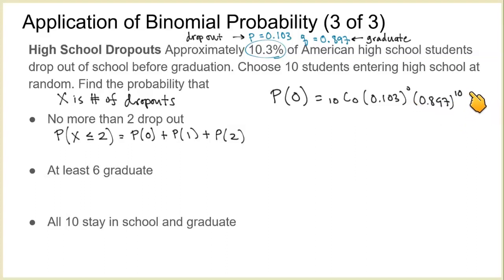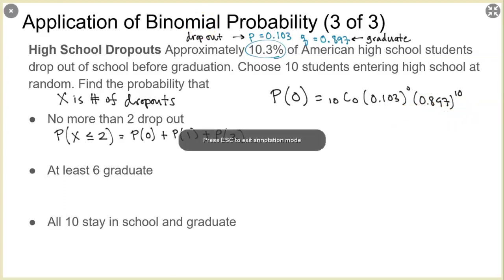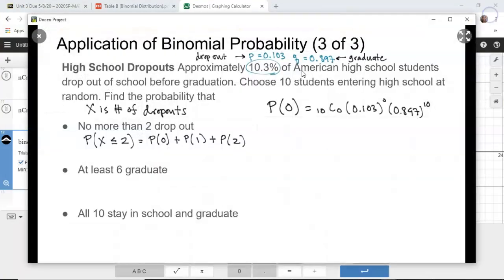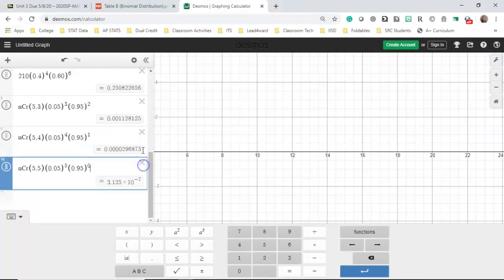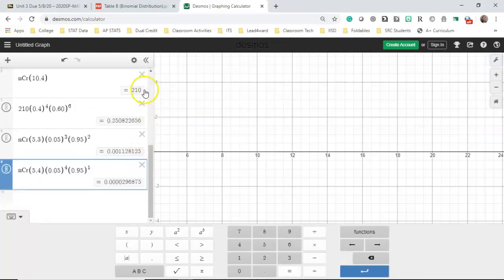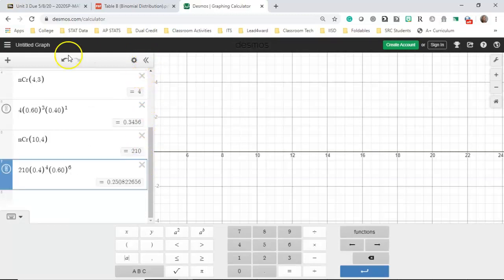So those values have to be related to each other. 0 students dropped out, the likeliness of dropping out. 10 students graduated, the likeliness of graduating. So those have to be correctly done in the formula for us to get the correct value. So if I go back in here, I'll just delete this other work.